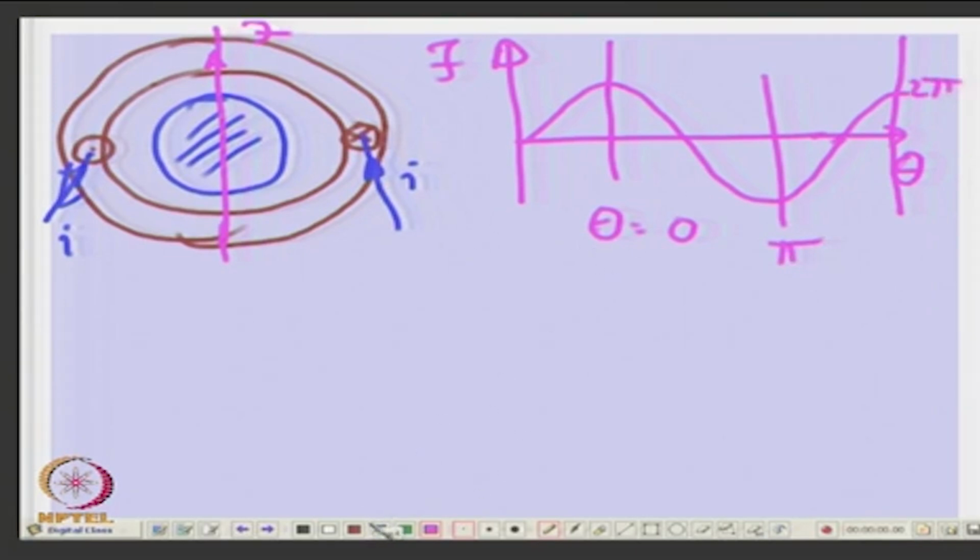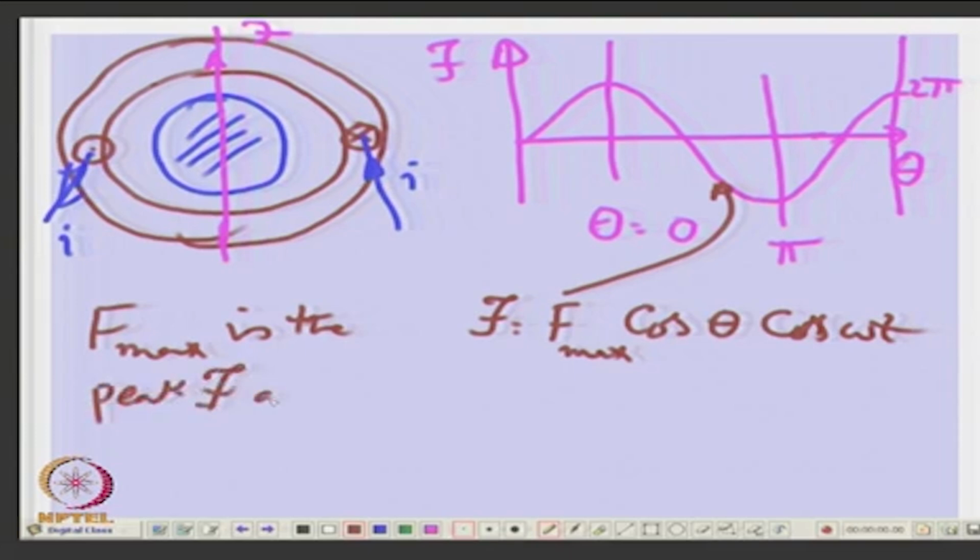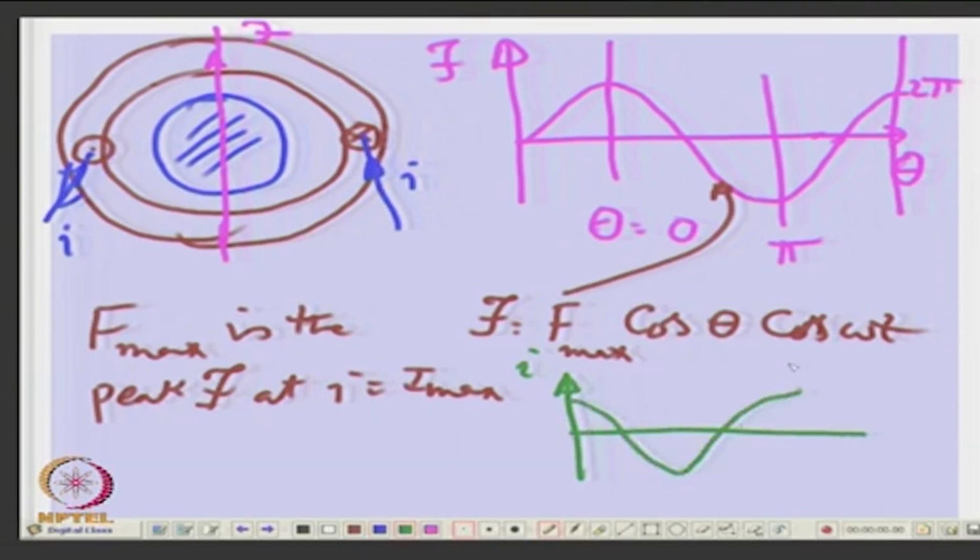and this is represented by that expression, that F equal to some F max cos theta cos omega t, isn't it, where F max is the peak of F at I equal to I max, because we also can say that the current is varying in time like this as a function of omega t.